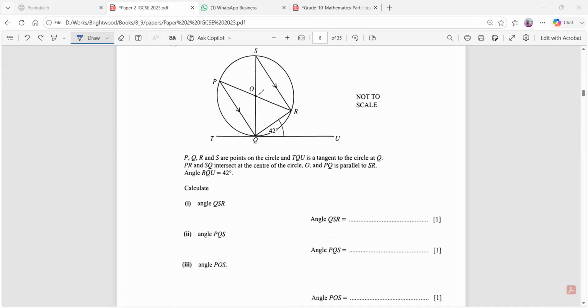Here the center point. PQ is parallel to SR. These are parallel lines. Okay. Now they are asking QSR angle. QSR, show me. QSR angle. Keep in mind, there is a theorem. Okay. If they are having a what?